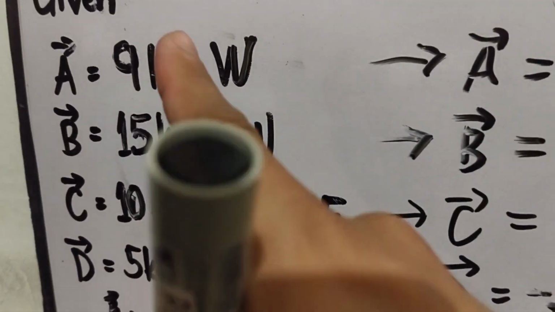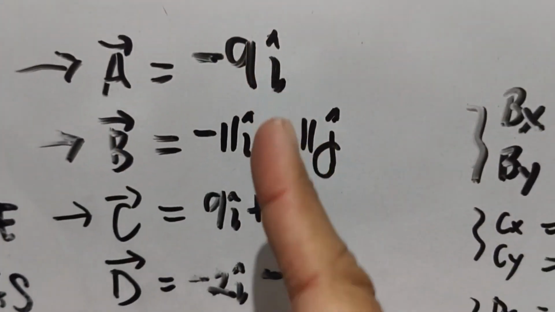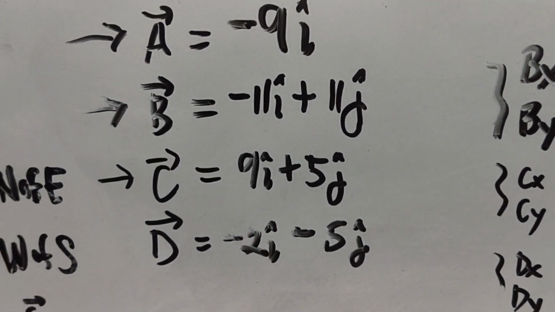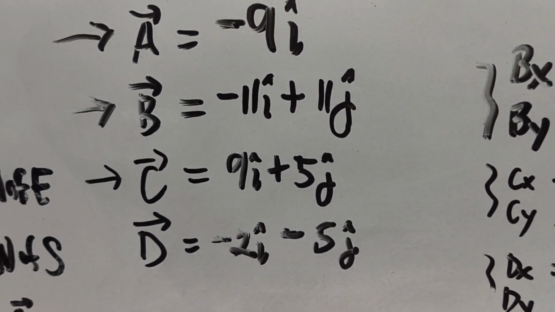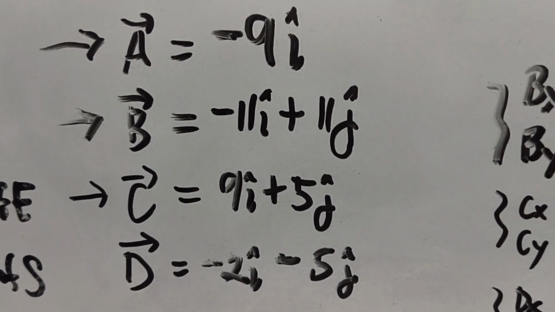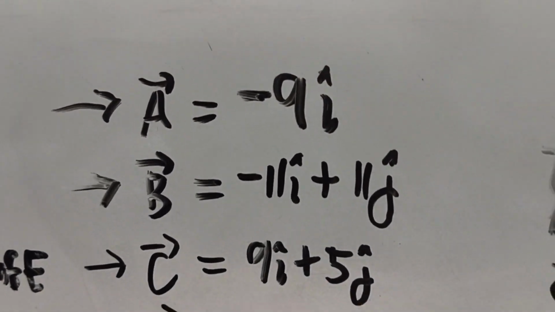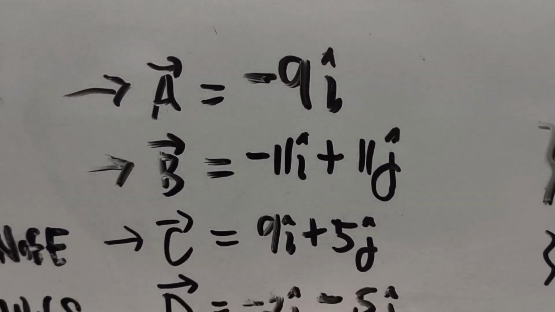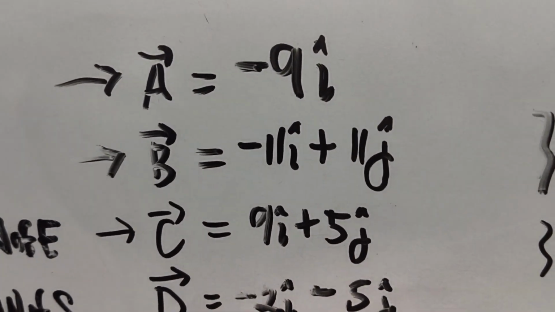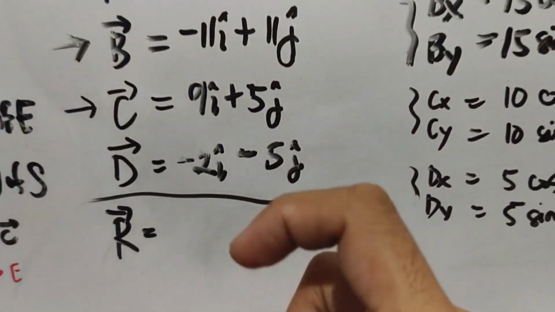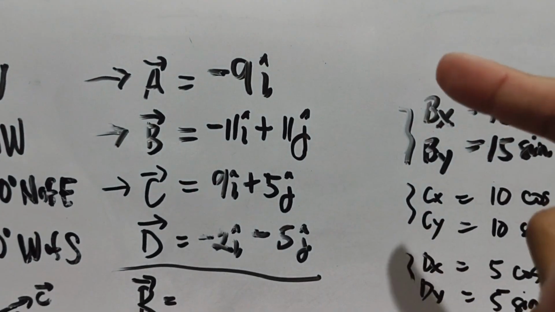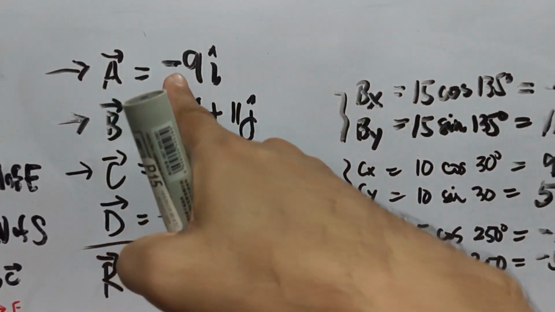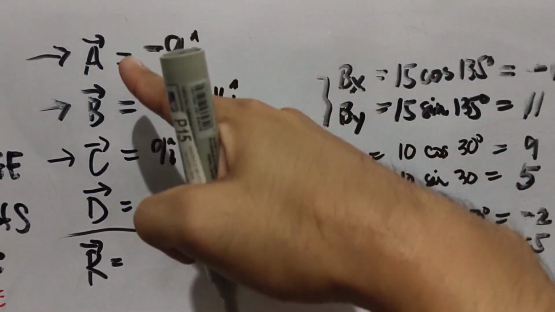So basically, these given vectors are now translated to IJK notation. And how do we know the resultant? It's a lot easier. In terms of IJK notation, sasama-samahin lang natin yung lahat ng i.